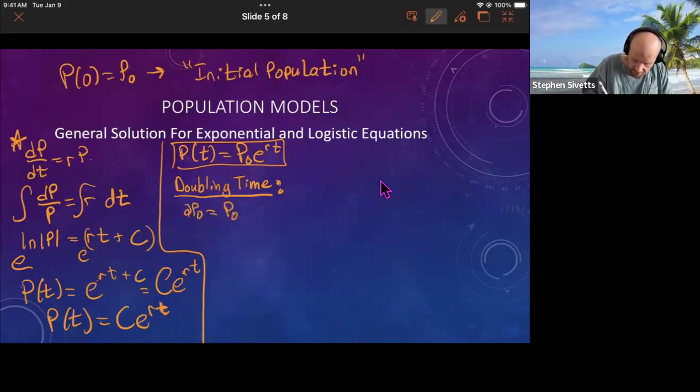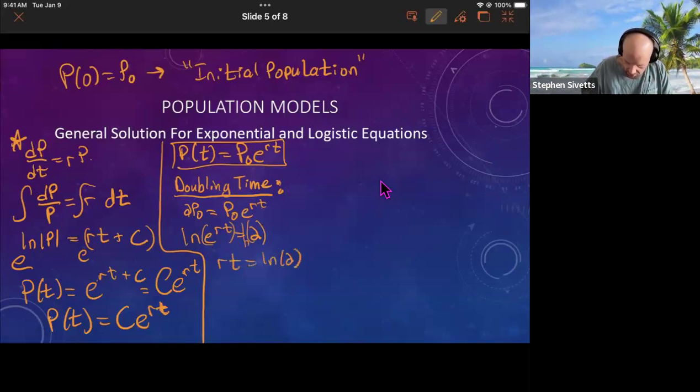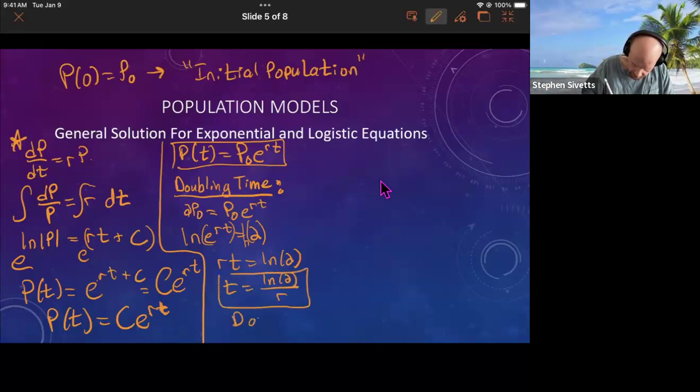So P0, the initial population, times e to the RT, you still have e to the RT equals 2. And so if I take the natural log of both sides, I'll have r times t equals ln of 2, right? And this is what's called the doubling time here.